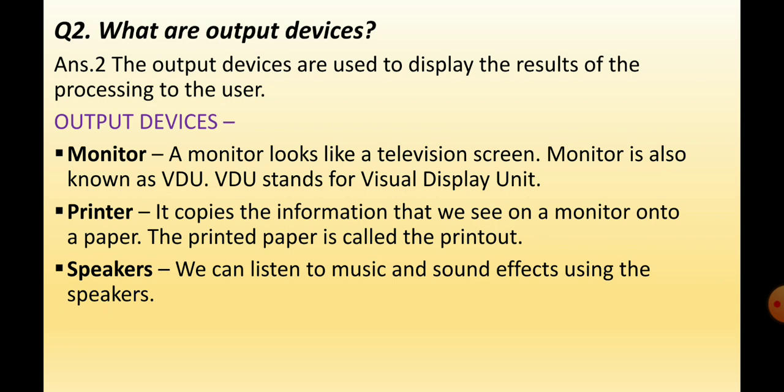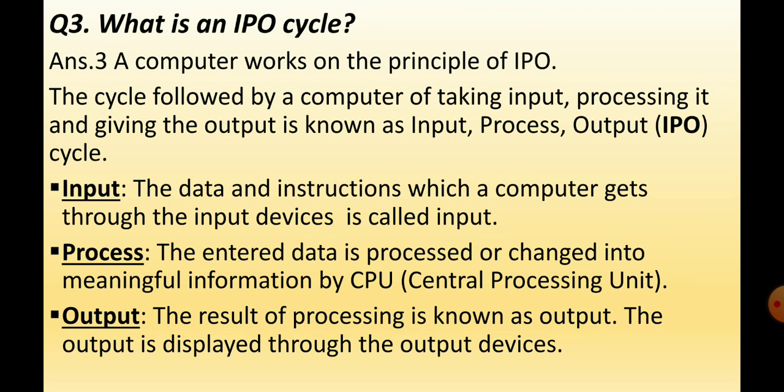Second, printer. It copies the information that we see on a monitor onto a paper. The printed paper is called the printout or a hard copy, as I've already told you. Then speakers. We can listen to music and sound effects using the speakers.